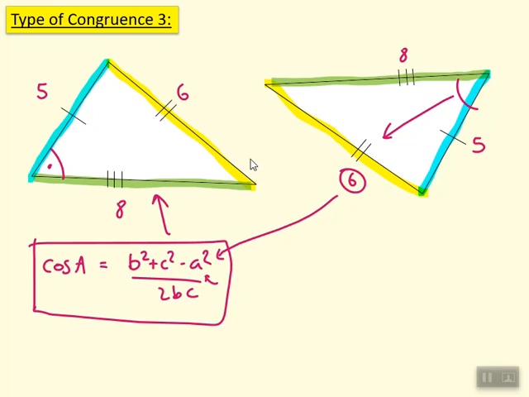But why bother doing that? Because you've got enough information to show, without any other calculation necessary, that these two triangles have to be congruent to each other. They have to be the same triangle. They're exactly a copy of each other, just rotated round.